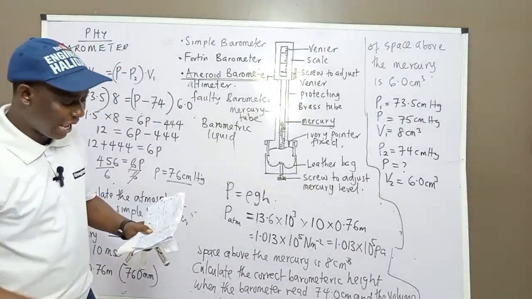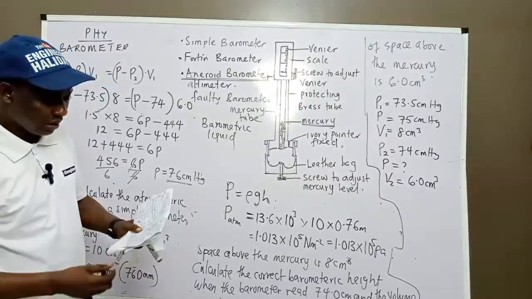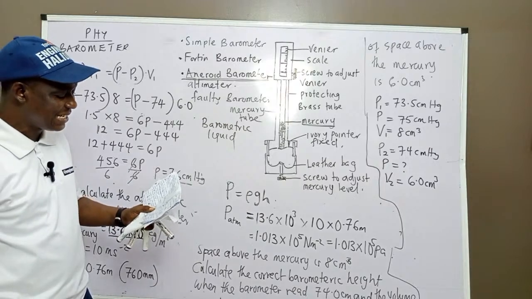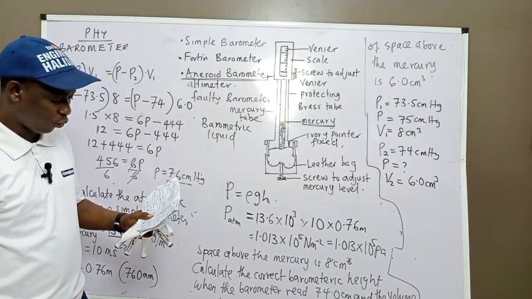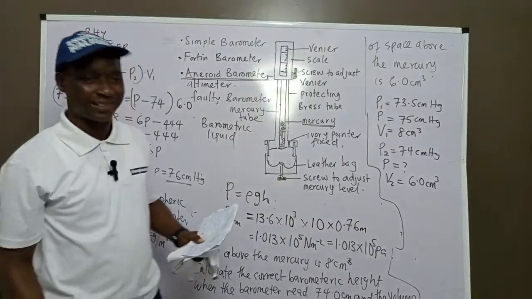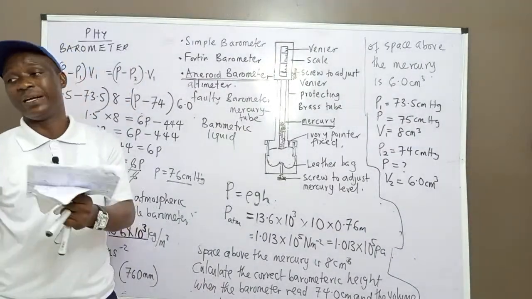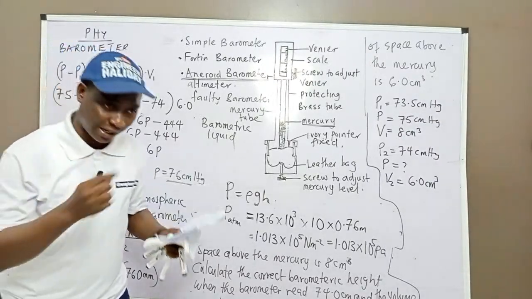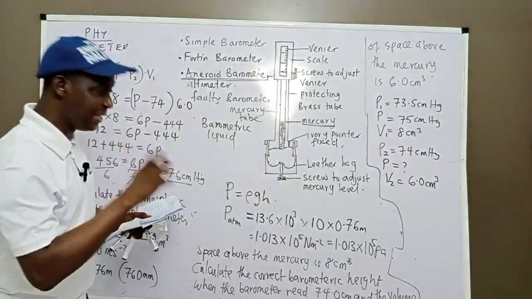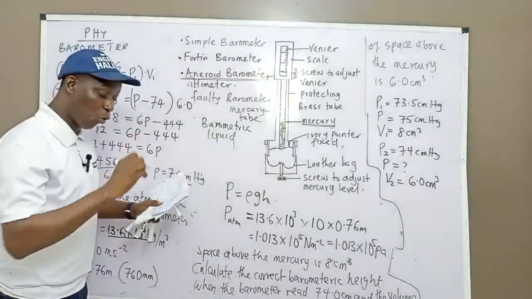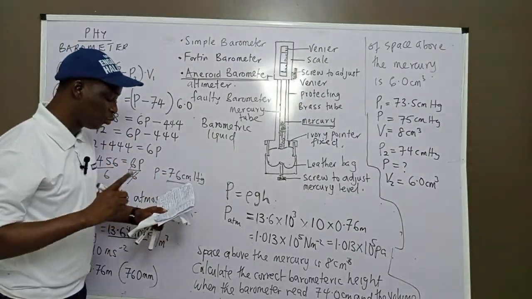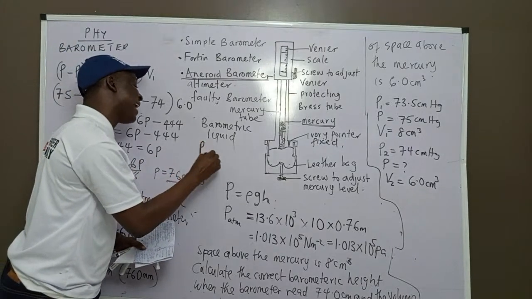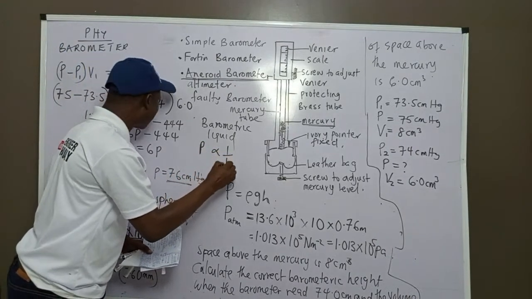The next question somebody sent to me is: atmospheric pressure, Mr. Holiday, decreases with height. What does that statement mean? Because I think in our last class, when I was explaining that, many people were not satisfied with some of the explanation. When we say pressure decreases with height, we are saying that the higher the height, the lesser the pressure.